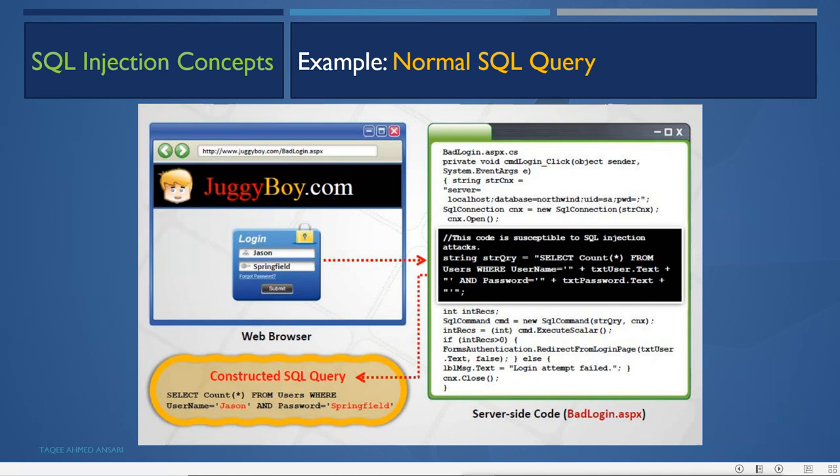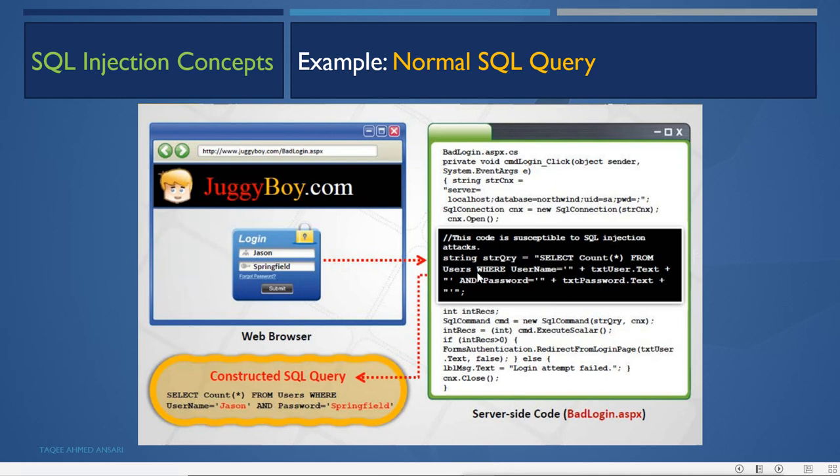Example of a normal SQL query. This is the normal example. Now when we go to some site and try to log in, we provide the username and password, and it goes like this. This is the normal query string where you have this server-side code. This is bad login.aspx. It is not secure here. It must be secure. This is the code which is susceptible to SQL injection.